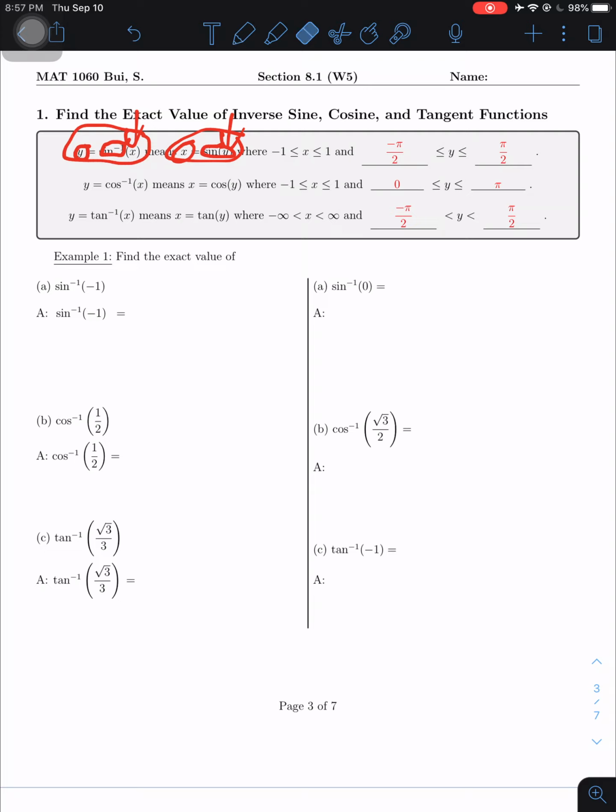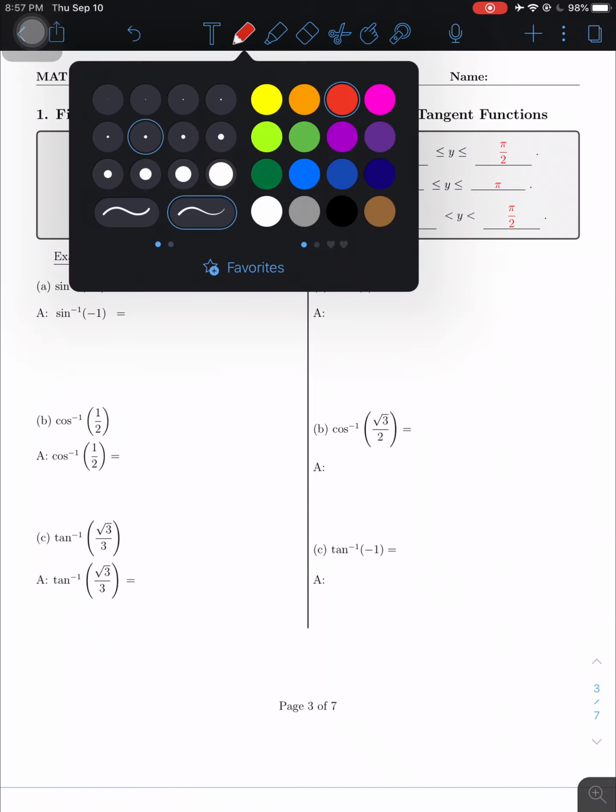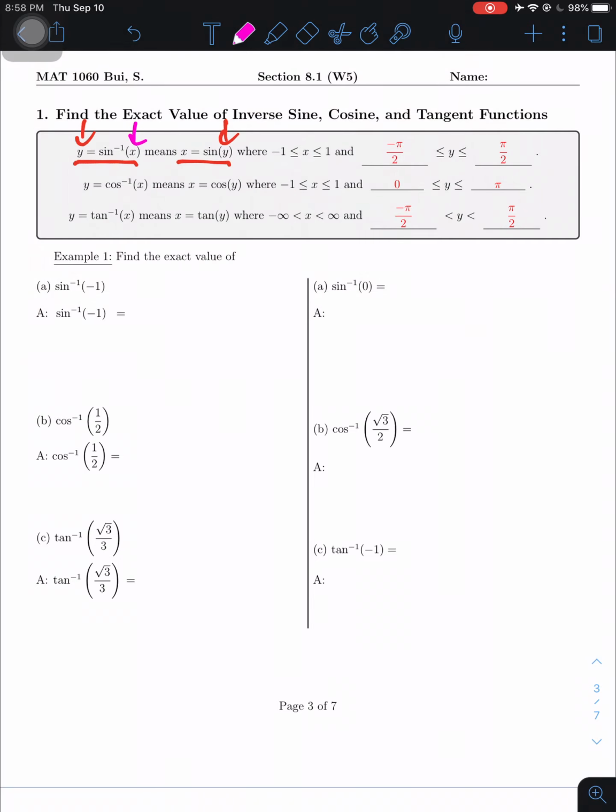Okay, so let me get rid of all of that because it covers your view. But by definition, make sure you remember one thing: the input in here is the output in here, and the output in here is the input in here. Okay?